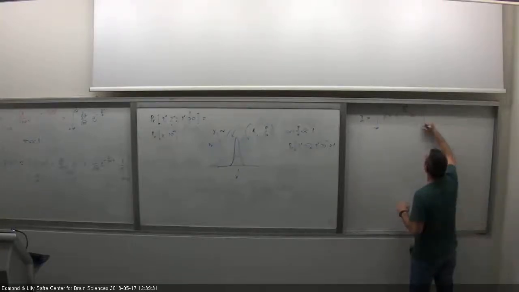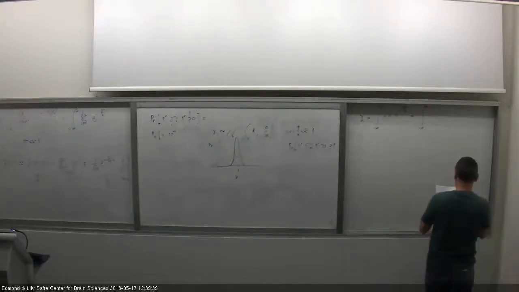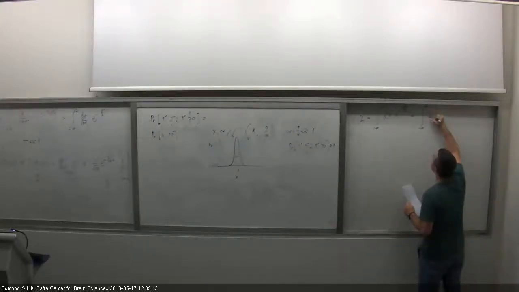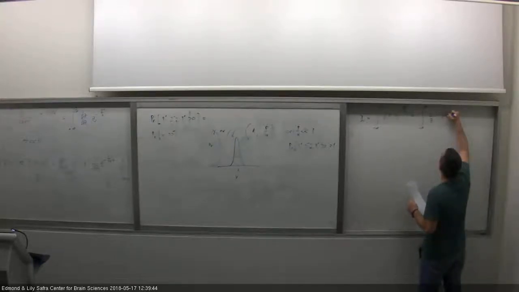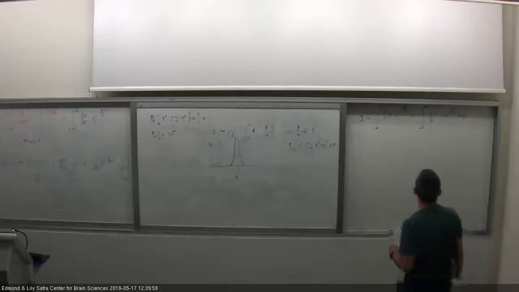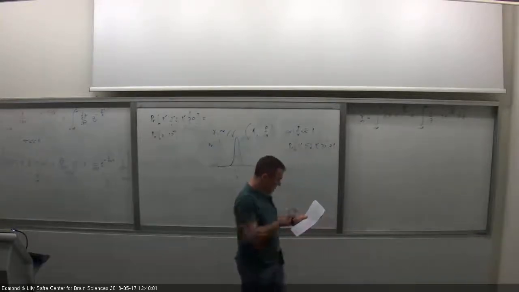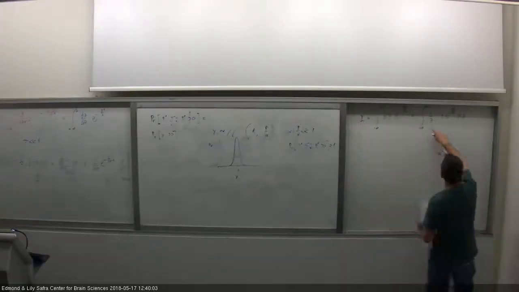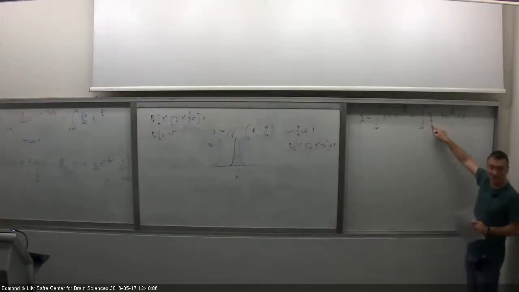It will be the integral from minus infinity to minus 1 over sigma of 1 over z times z e to the minus z squared over 2. And this we can do using the technique of integration by parts.